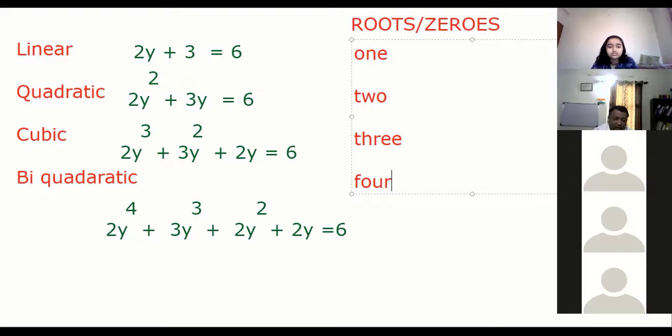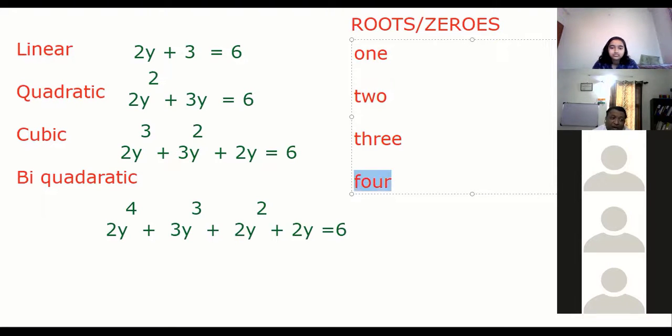Means what? If I talk about this, there will be 2 values of y where the whole quadratic will become 0. I'll repeat. There will be 2 values of y where the whole quadratic will become 0. Correct? That is the meaning of zero of the polynomial. In this case, there will be three different or same values of y where this polynomial becomes 0.